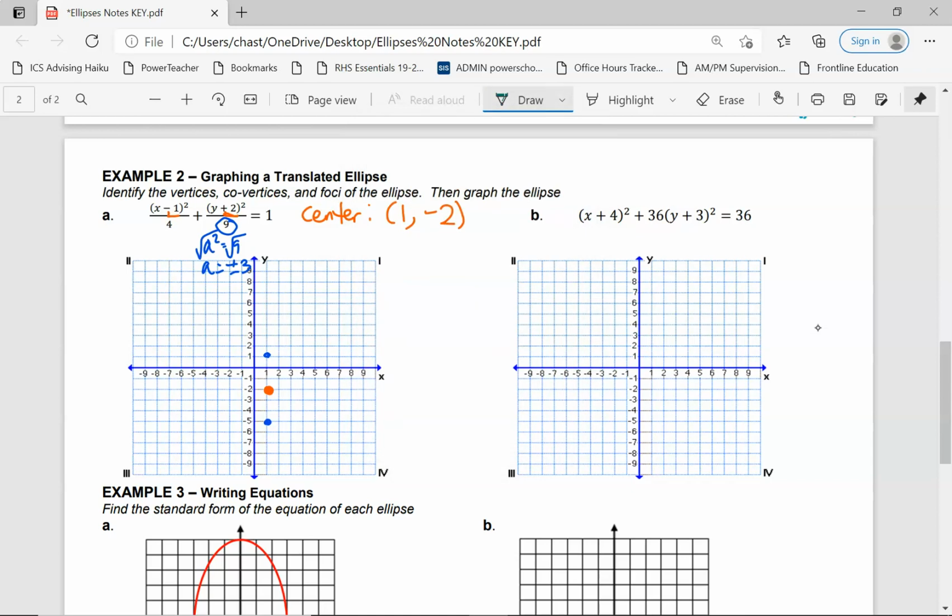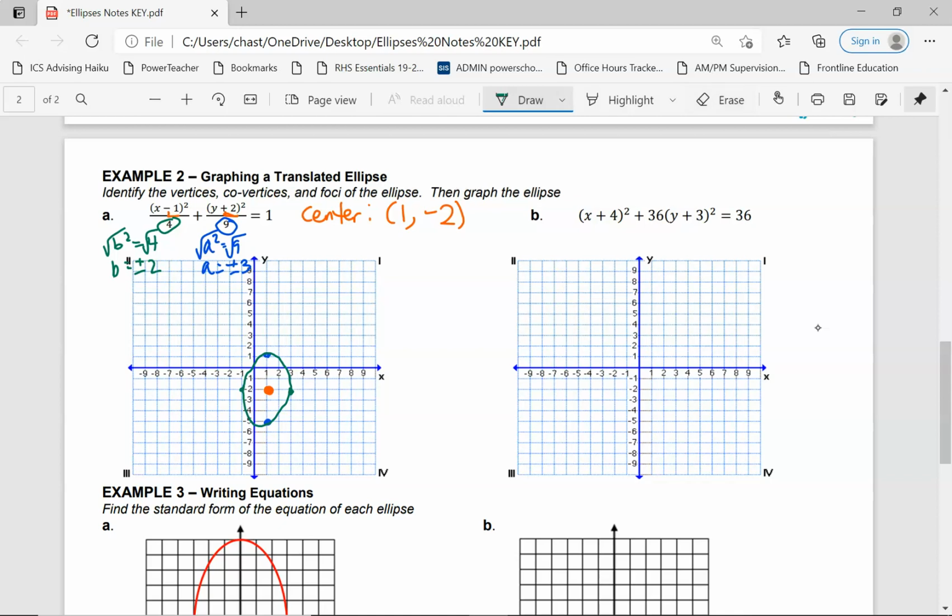Minor axis, we look at this 4, it's along the x, so I'll be going horizontally. We know b squared is 4, so we take the square root, and b is plus or minus 2. So from that center I drew in orange, I'm going to go left 2 and right 2. And I end up with that ugly ellipse that I just drew.